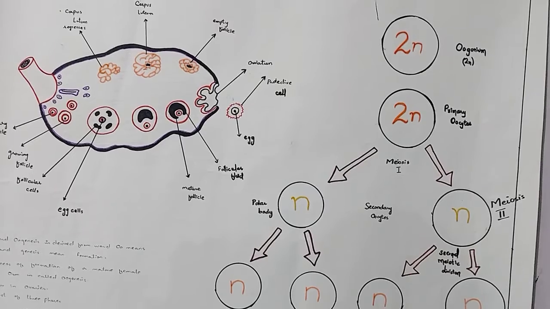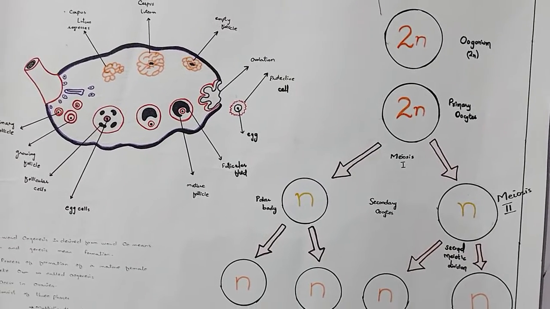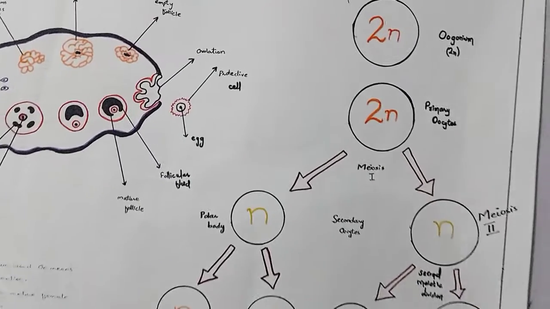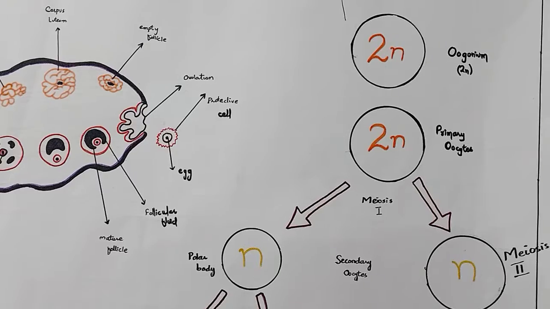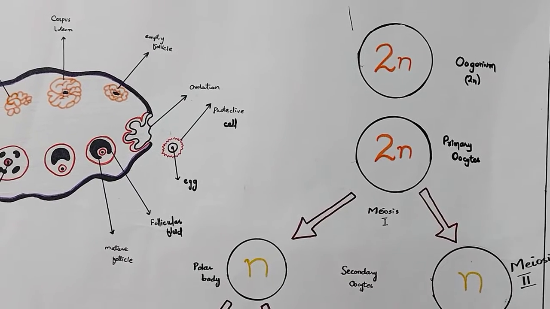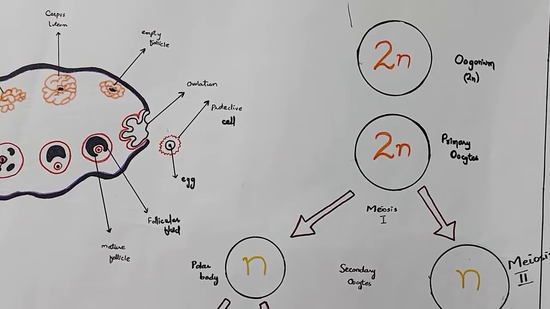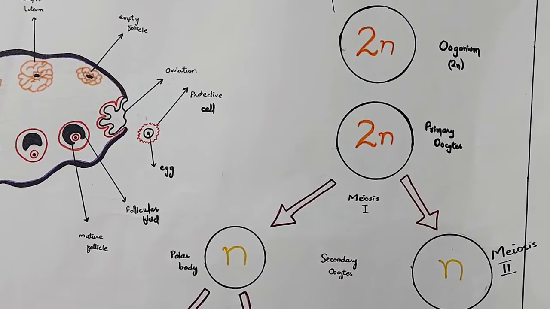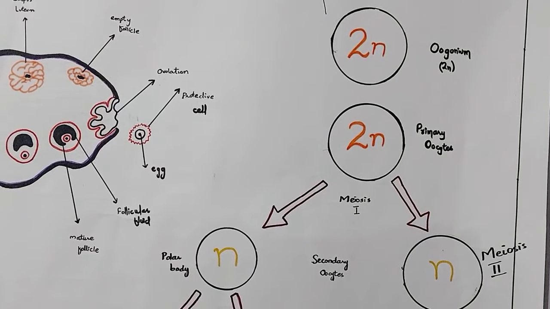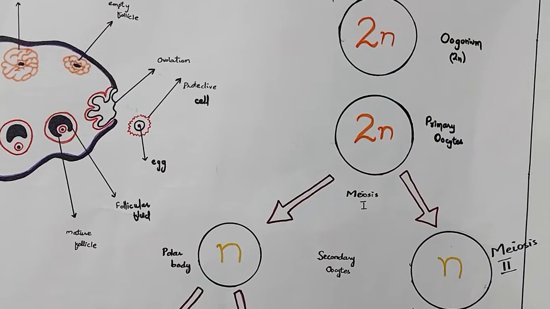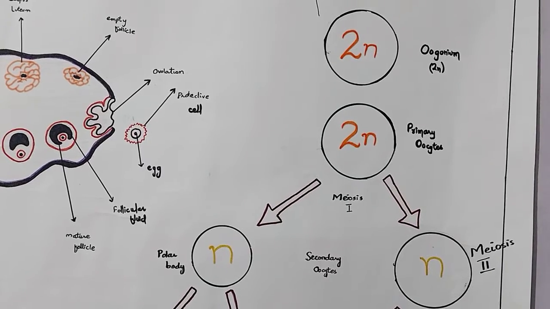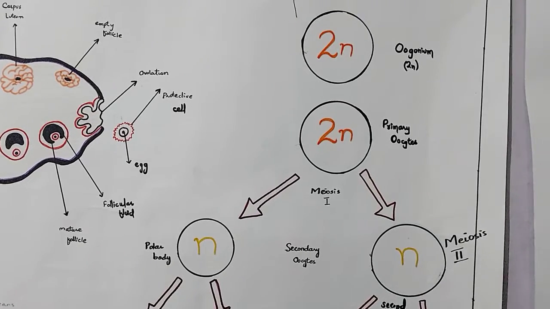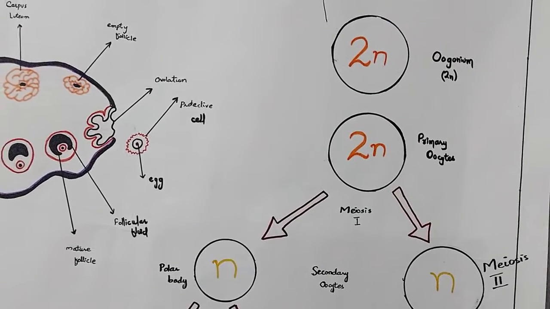Oogenesis basically starts from the first cells, the primordial germ cells in the ovary, which are known as oogonia, and these are diploid cells. These oogonia are responsible for the formation of the egg or ovum. Must keep it in your mind, just one egg is produced at the time of oogenesis. So you can see this is the oogonia, this is the diploid cell.